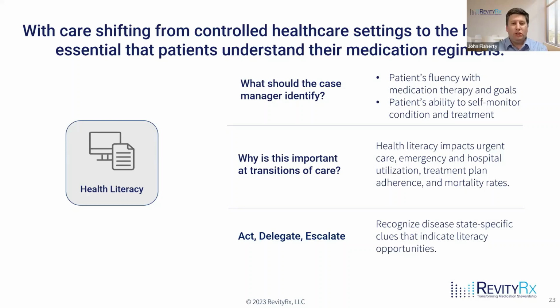Does the patient understand what they're supposed to be doing once they get their medication? And what should the case managers identify in this situation? Well, what is the patient's fluency just with their therapy and their goals? Can they even identify what a medication is being used for? Do they know what they're supposed to expect?